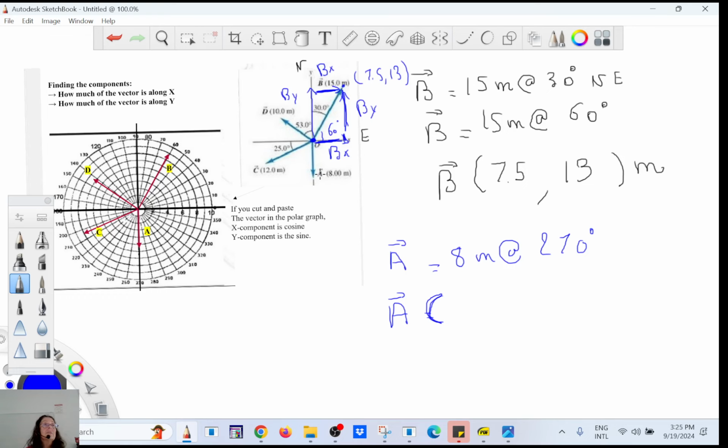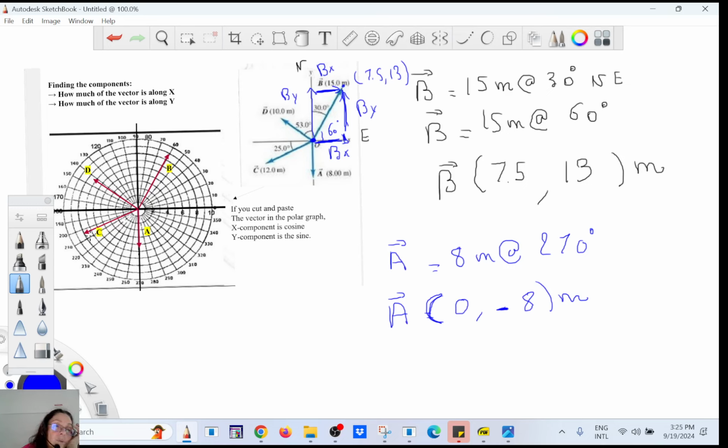It's just going down. Do you agree? So cosine 270 is 0, times 8 is 0. And that's going to be minus 8 meters. Okay? Is that clear? So make sure you go over your textbook.